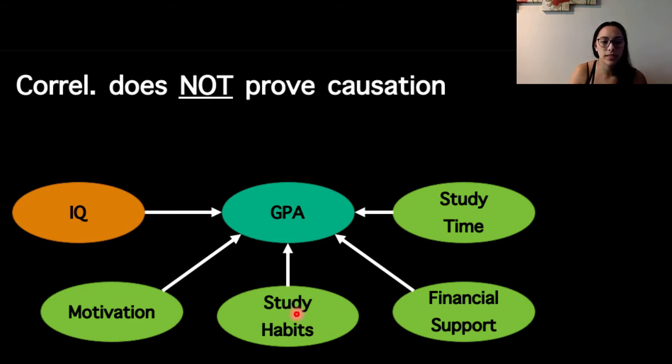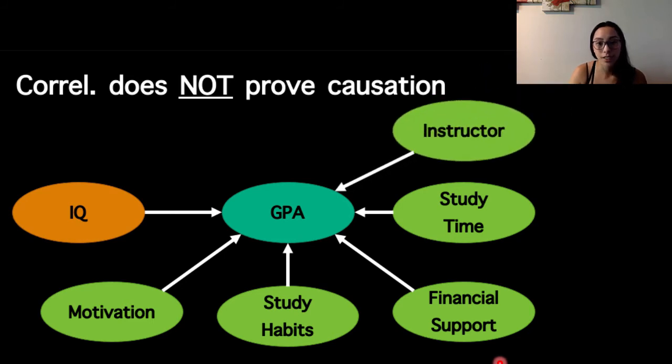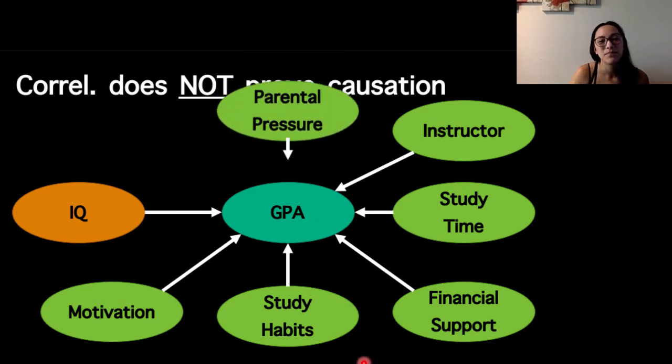So how a person studies versus how long they study could both impact a person's GPA. Who the instructor is. Sometimes you have a bad teacher who doesn't explain stuff to you, right? And if they're not teaching the subject material well enough and you're doing independent learning instead, then that could also impact your GPA.